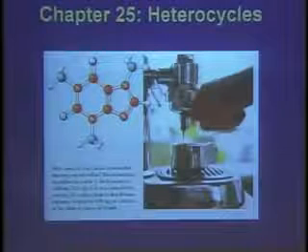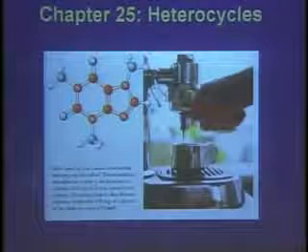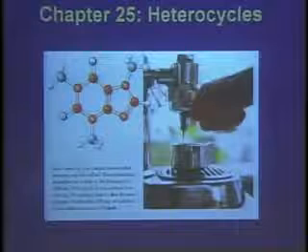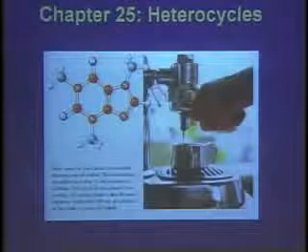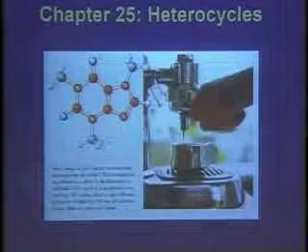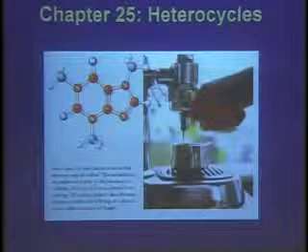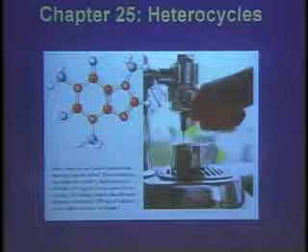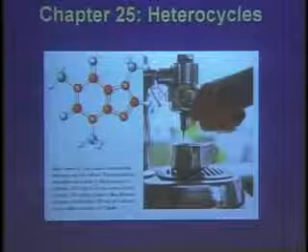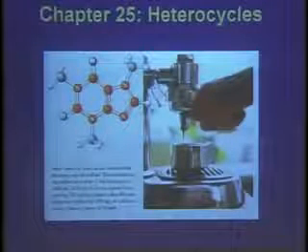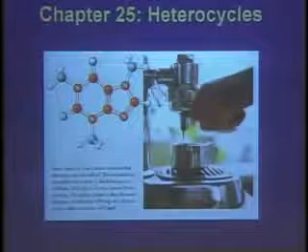Heterocycles are carbocycles in which one or several carbons have been replaced by a heteroatom. And for organic chemistry, by and large, the heteroatoms we're talking about are nitrogen, oxygen, sulfur, maybe phosphorus. And that forms by far the largest fraction of heterocyclic molecules.